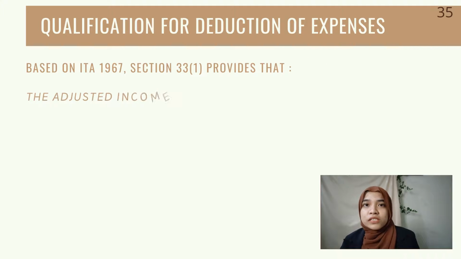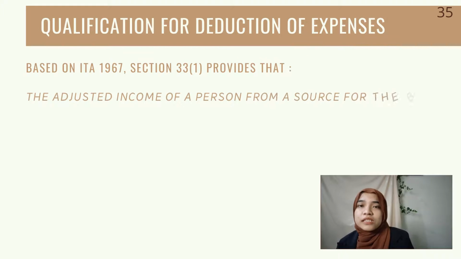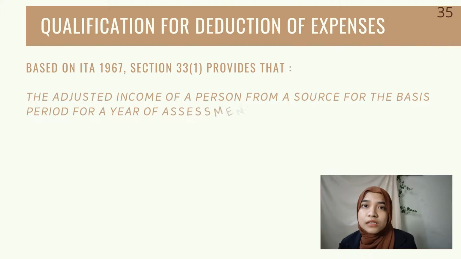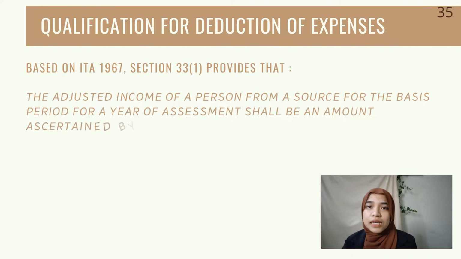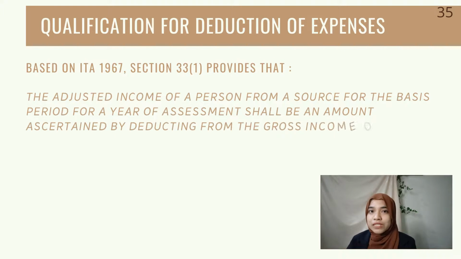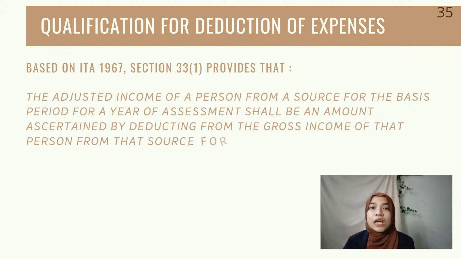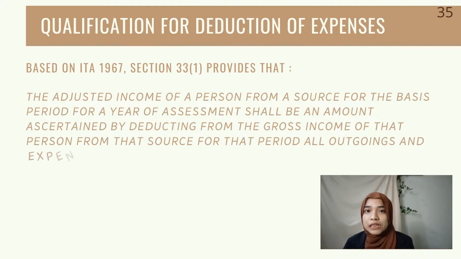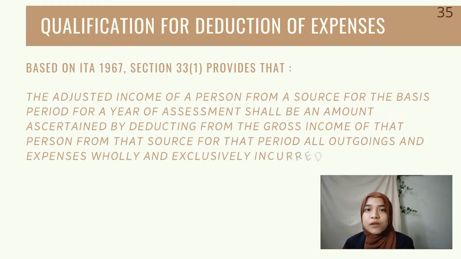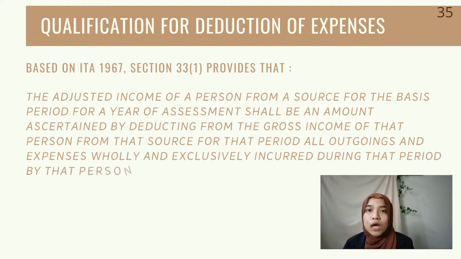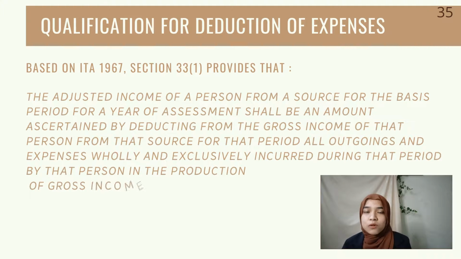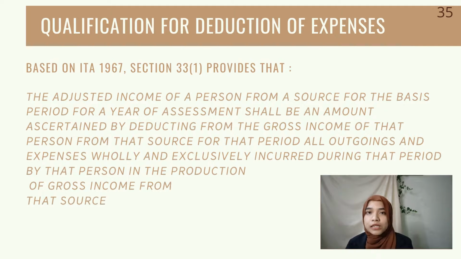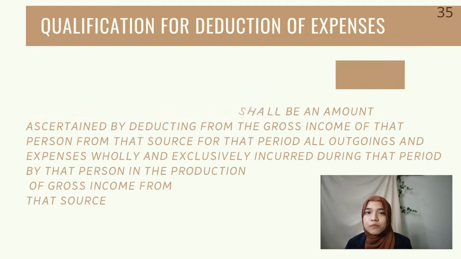As you can see on the slide, this statement is based on ITA 1967 subsection 33(1). It states that the adjusted income of a person from a source for that basis period for a year of assessment shall be an amount ascertained by deducting from the gross income of that person from that source for that period all outgoings and expenses wholly and exclusively incurred during that period by that person in the production of gross income from that source.